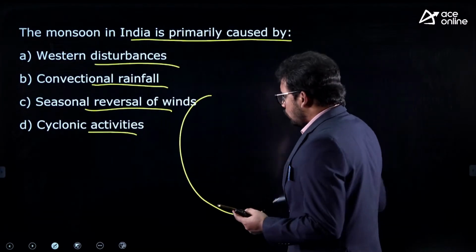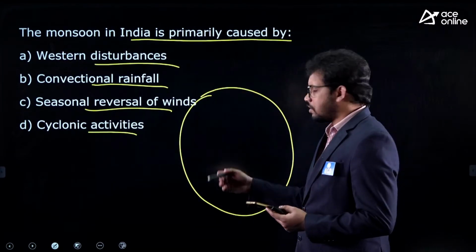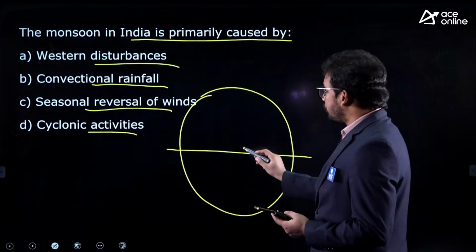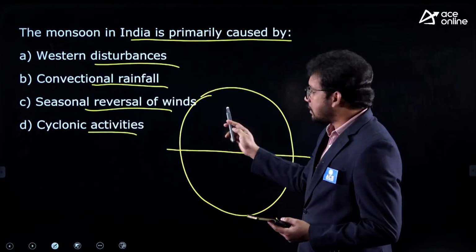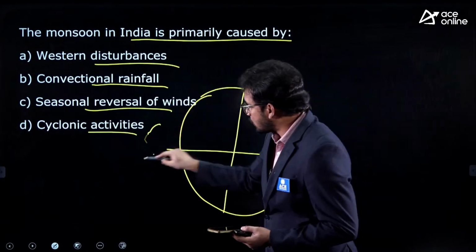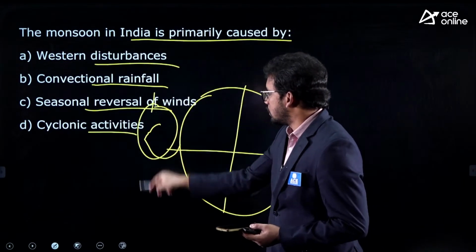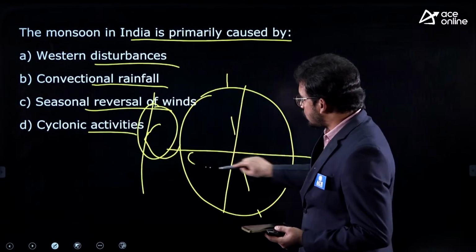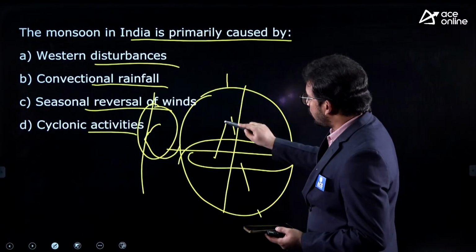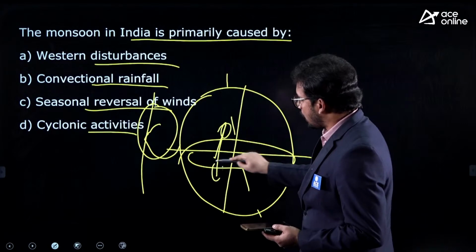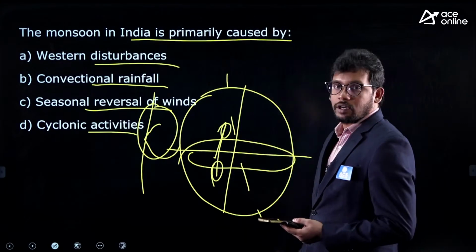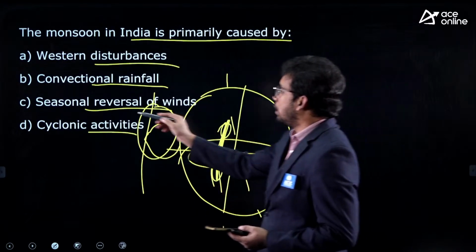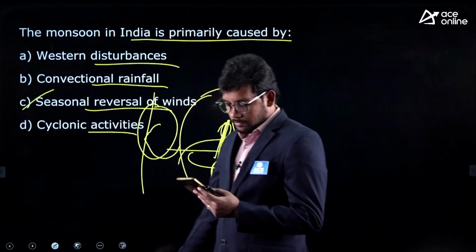I don't want to discuss this in great detail, it is a higher level topic, but understand this. This is the equator, and the earth is not exactly perpendicular to the sun's axis, it is tilted like this. So the winds in these regions move from here to here in the summer season and then go back to the southern hemisphere. Because of this seasonal reversal of winds, we get rain in June. So the answer is C.